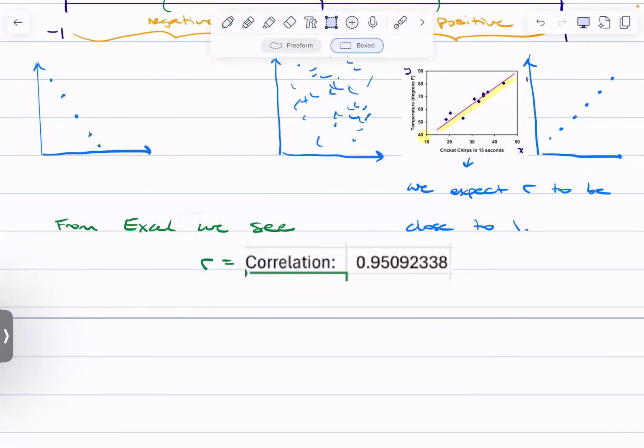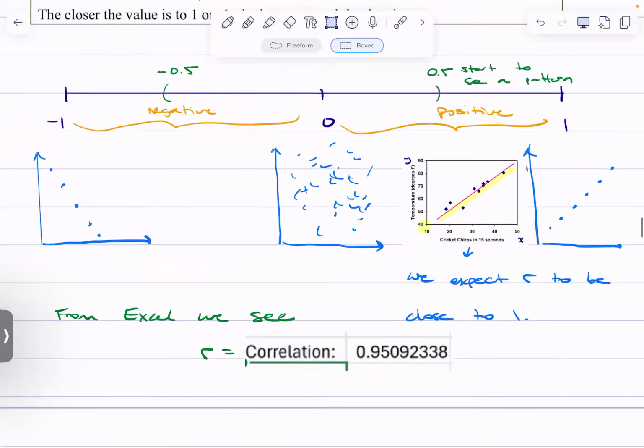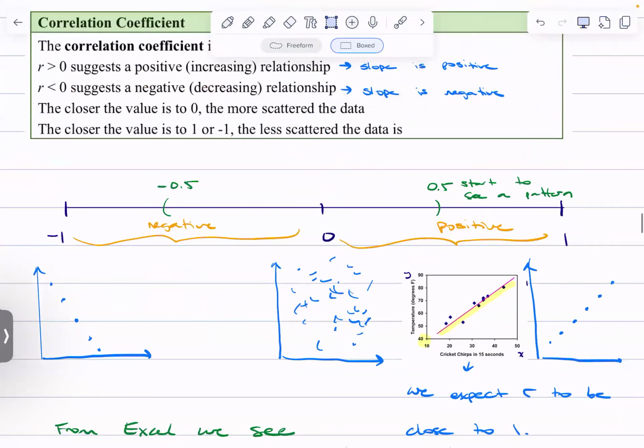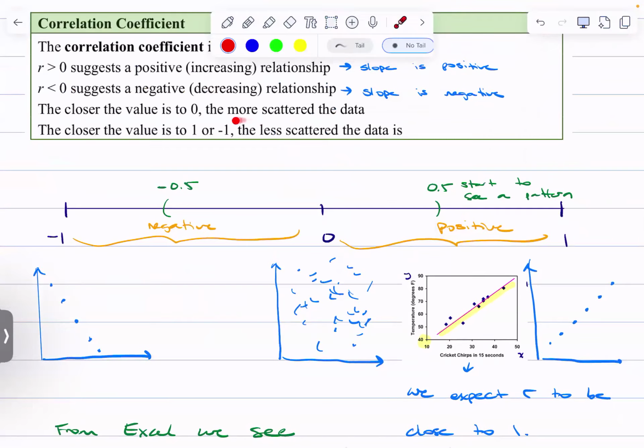It's positive, which tells me I have a positive relationship, which checks out. And so you can use Excel to calculate the correlation, but it really just tells us how tight our points are around the line, or if there's a lot of scatter. If your points are tight around the line, then you have a high correlation.